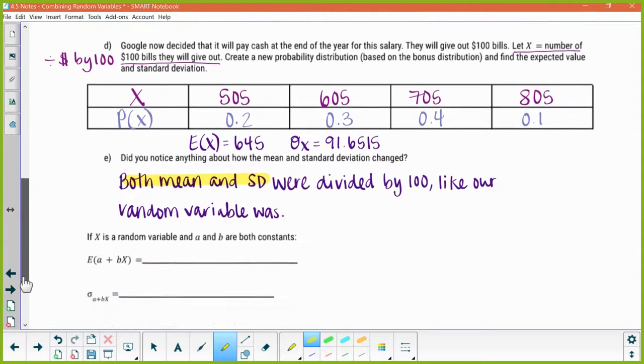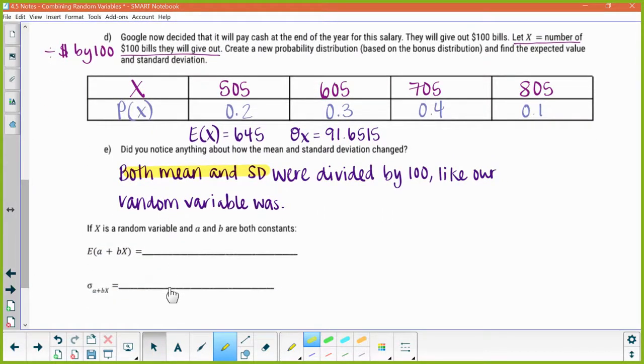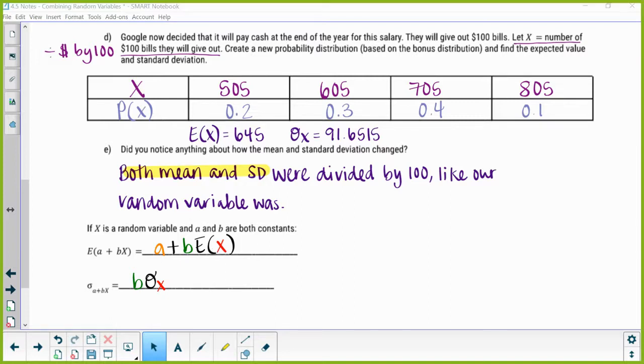So our formula for this is, if I have an addition, so like an increase or a decrease, it could also be subtraction, it's going to apply only to the expected value. But if I have some type of multiplication, so some type of value that's being multiplied on or divided by, it's going to affect both the expected value and the standard deviation.